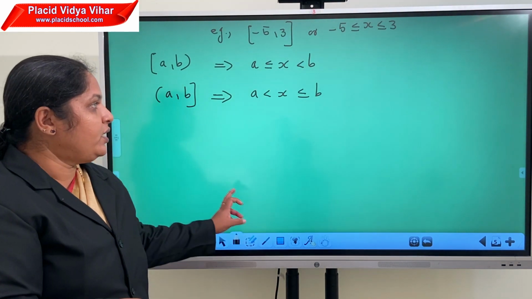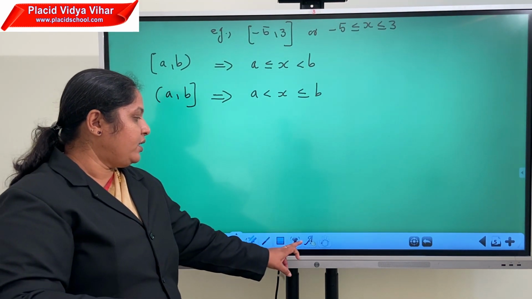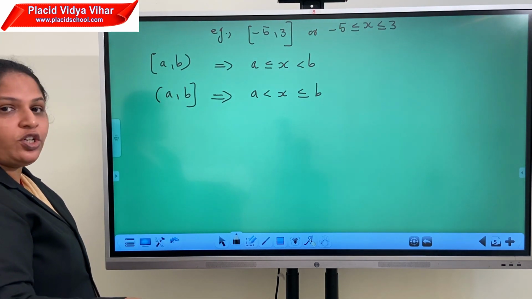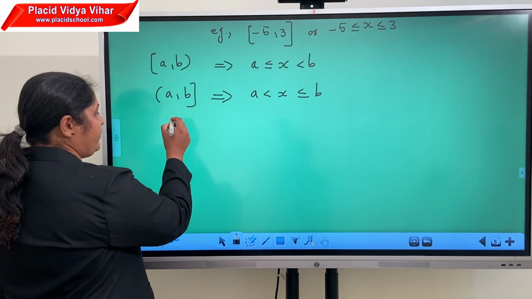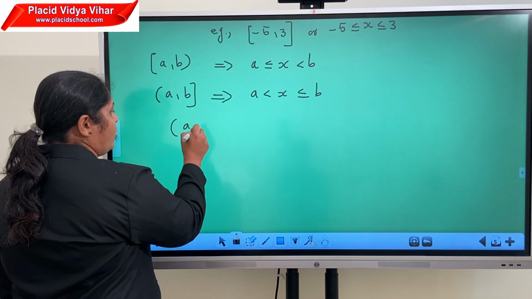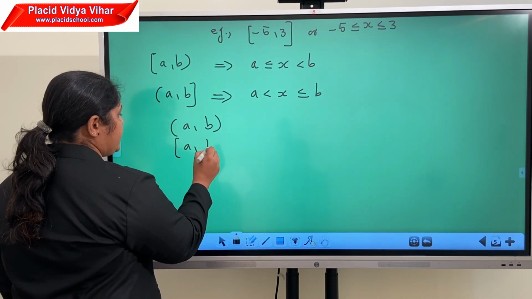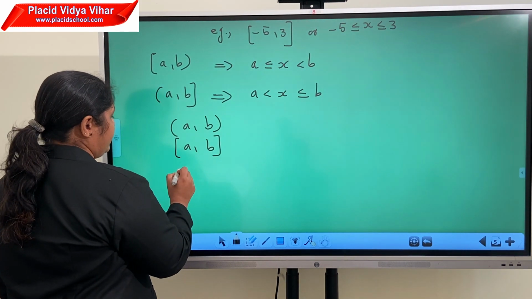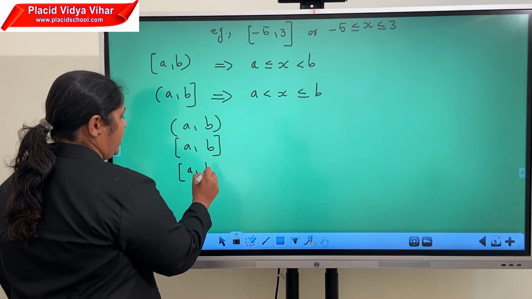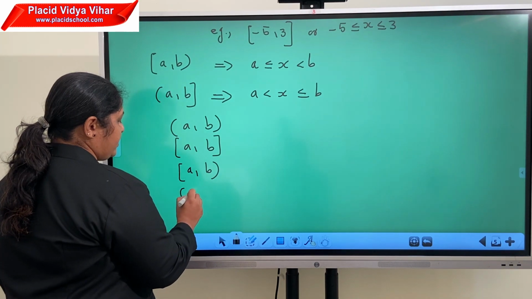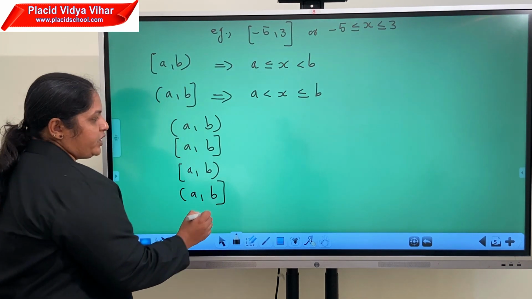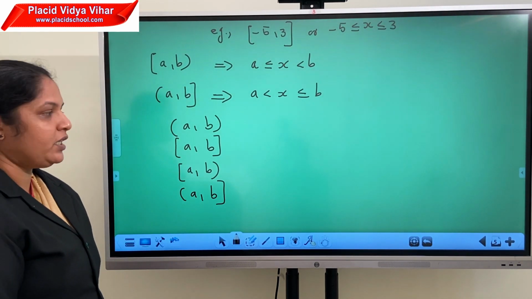Now listen to how to represent all four intervals on a number line. Which are the four intervals we have learned? First is open interval, second one is closed interval, then (a, b] and [a, b), and these are the four types of intervals which we have learned.